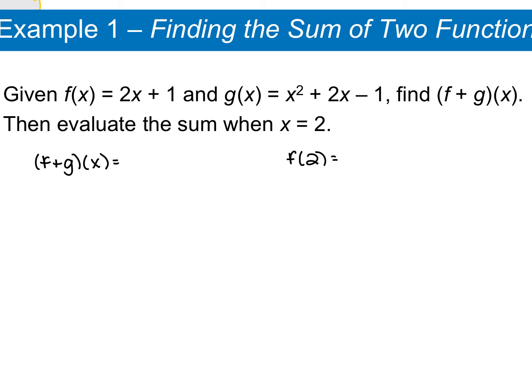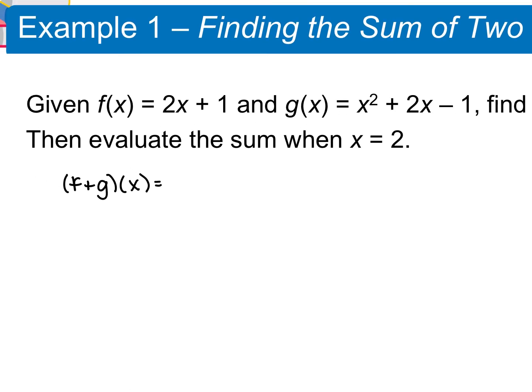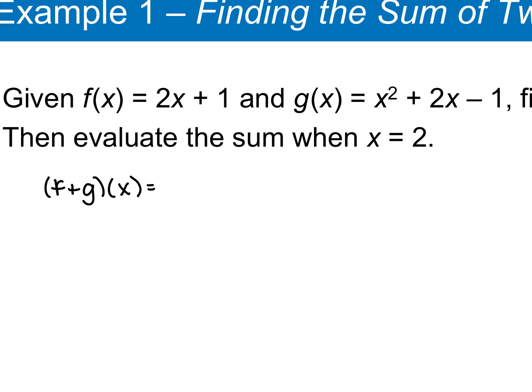So what I'm going to do is just get rid of this, and then we'll do it to where we're finding the sum of it. So if we find f plus g of x, we're going to take f of x, which we said is the 2x plus 1.